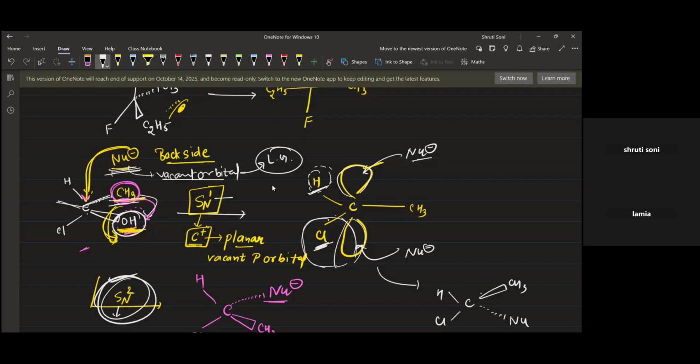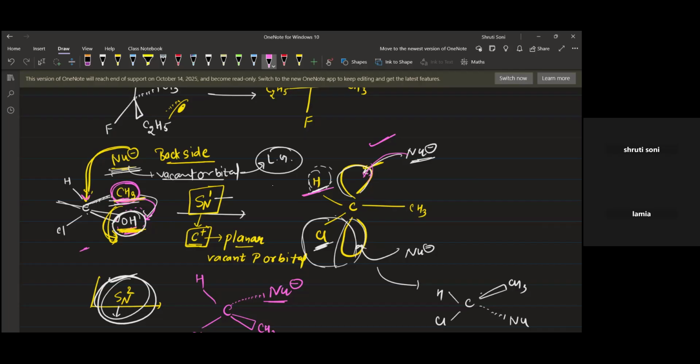So the nucleophile attacks from which direction? Think about this: if one side has more space compared to the other, the nucleophile will prefer to attack from the side where the attached group is smaller.